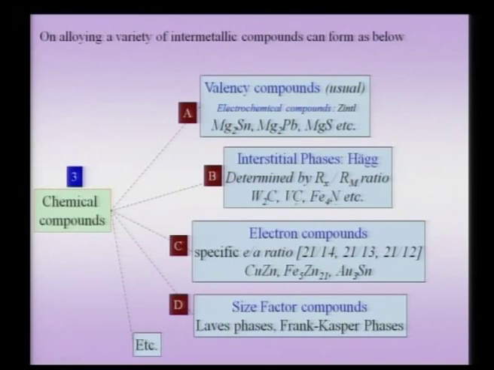The essential crux of the message of this whole slide is what are the factors which govern the formation of some of these compounds, and as we shall see from these examples, it could be valency. That means the valence electrons play a very important role in the formation of these compounds. It could be size. So, there are a lot of compounds wherein size would play a very important role.